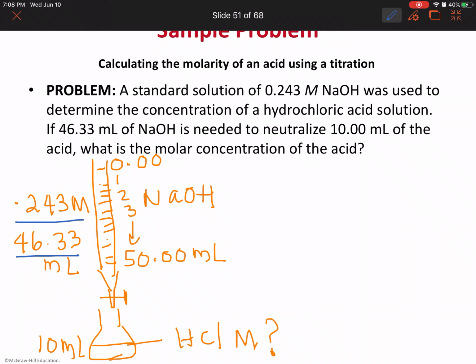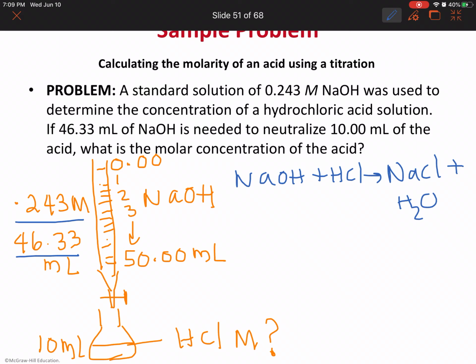So first we need to write the balanced equation. So we have sodium hydroxide plus HCl giving you sodium chloride and water. One sodium, one chloride, one chloride, two hydrogens, one oxygen.